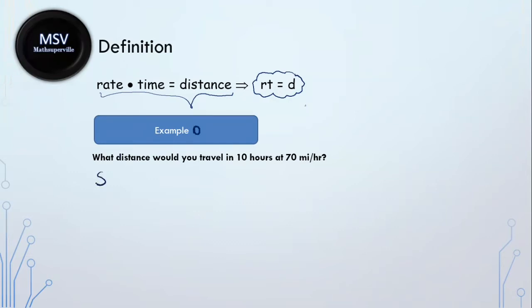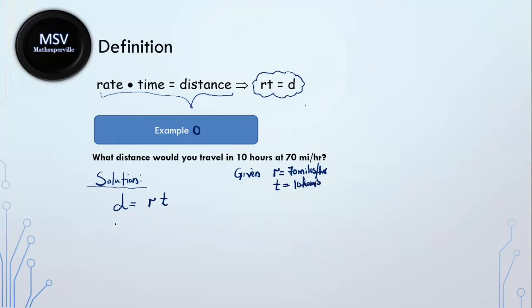So the solution to this is as follows. Recall that distance is equal to the rate times time. What are we given? We're given the rate is 70 miles per hour, and we're given the time to be 10 hours.